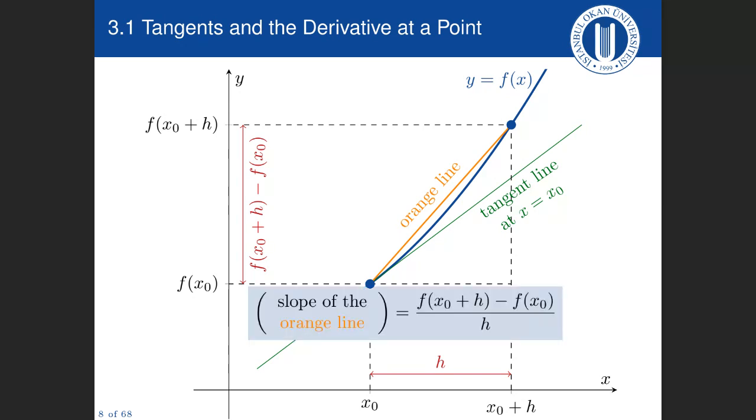So the slope of the orange line is easy to write down. The slope of the orange line is f at x0 plus h minus f of x0, that's the height of our triangle, divided by h, which is the width of our triangle.